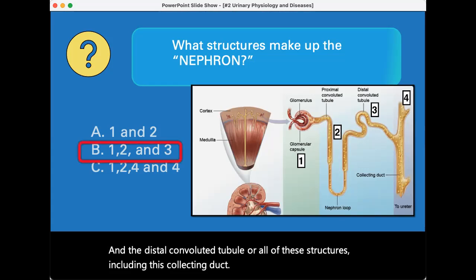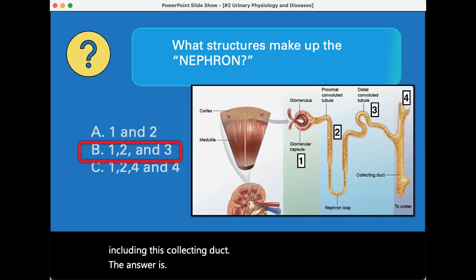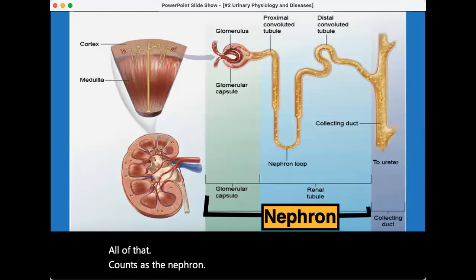The answer is it's up until you get to the collecting duct. All of that counts as the nephron. So here is an image of the nephron showing the glomerular capsule and these tubules.